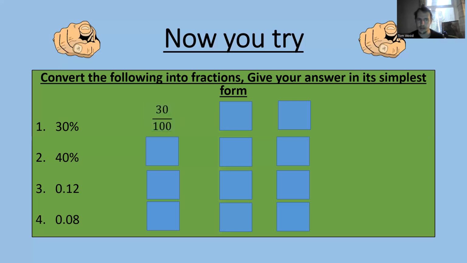Whenever you're writing a percentage as a fraction, you just write over 100. What I then want you to do is simplify that fraction, see how far you can go. Do the same with question 2. Question 3 and question 4, what you need to do is switch these to a percentage first before you then write them in their fractional form. Have a go, let me know how you get on, and we'll review it in just a second.